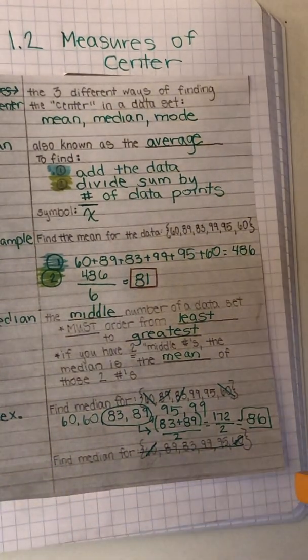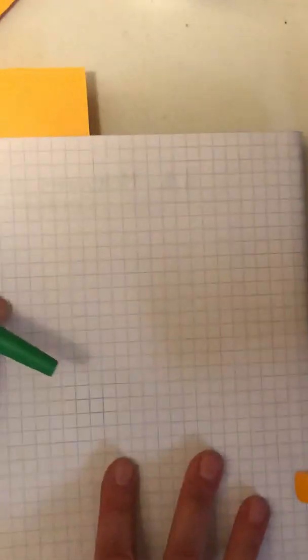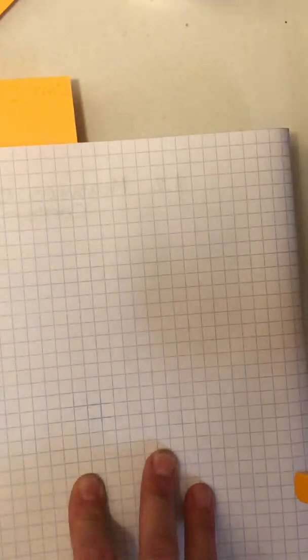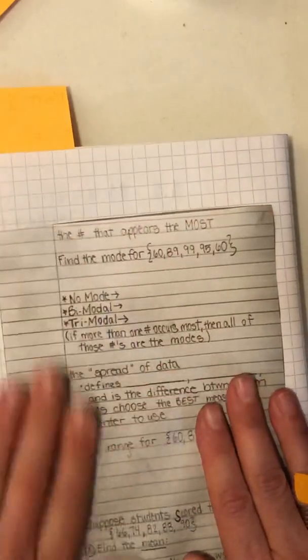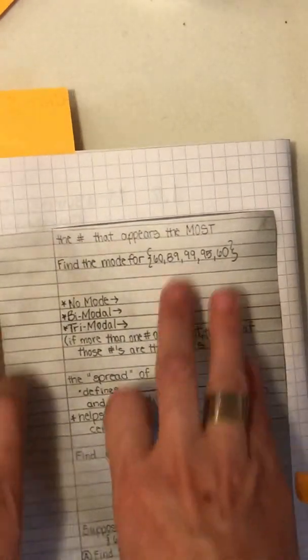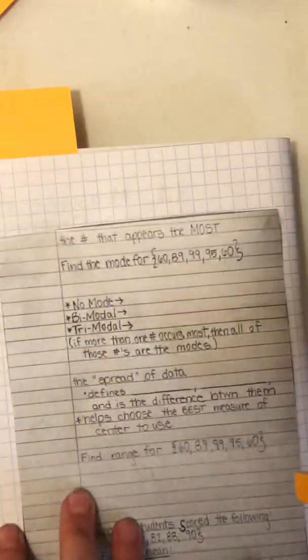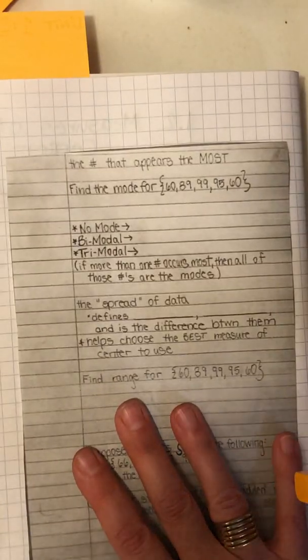Okay, moving on. So I have my second page. I'm going to flip it over and use the back. And I already taped this one in there. I'm going to put it right here. All right, so now we've got the mode.